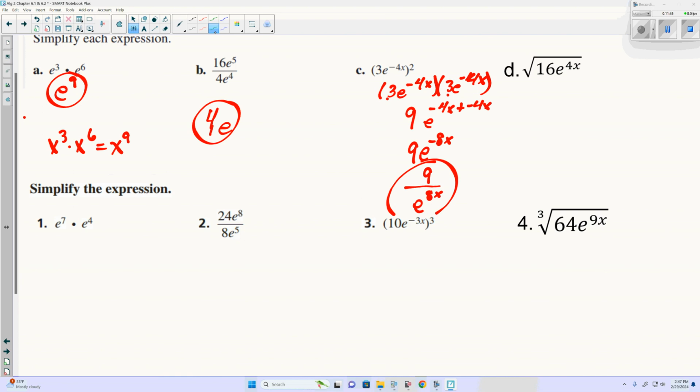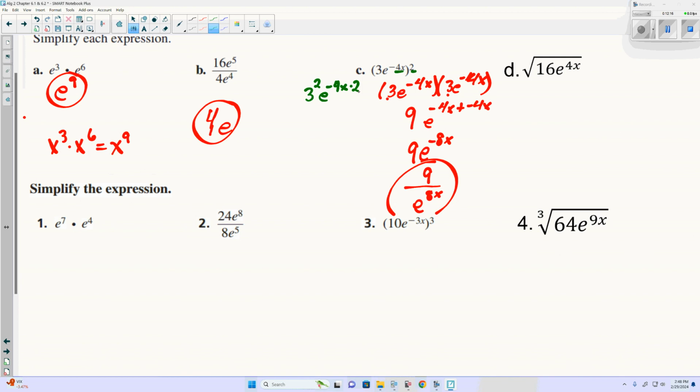Now we could have done this a little bit easier. Since it is one term, there's no addition sign like 3 plus e, we could square both terms. So if we square the 3, it'd be 3 squared. Now when we square a term with an exponent, we have our power of power properties. Because negative 4x is a power, 2 is a power, and powers of powers multiply.